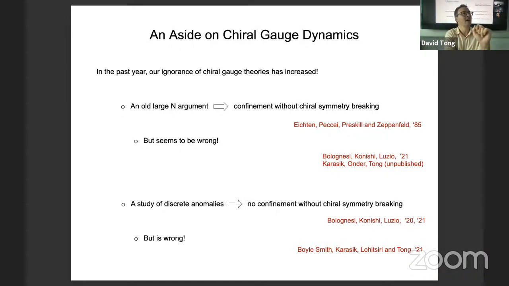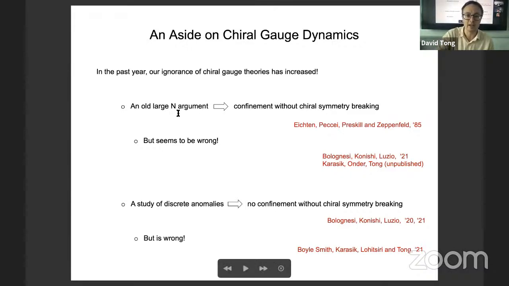And large N arguments are extraordinarily subtle, and there's a reason why it was 't Hooft and Witten that developed all of our knowledge of large N, and I think we now believe, at least I believe, that this paper is wrong. There's a work by Bolognesi, Konishi, and Lucio from this year pointing out that this paper is wrong. But I believe the argument of Bolognesi, Konishi, and Lucio is wrong about their argument being wrong. But I think we do have a correct argument.